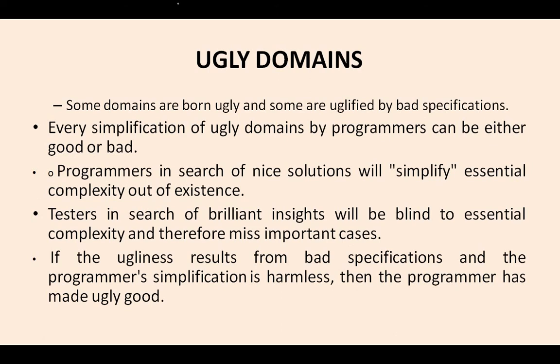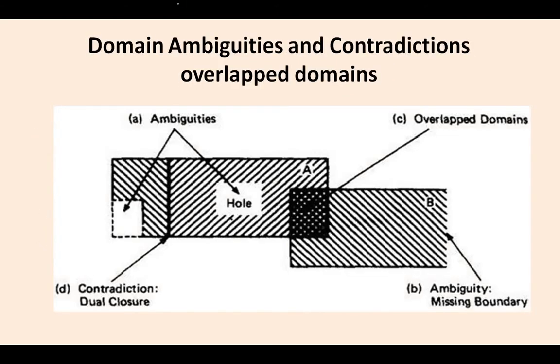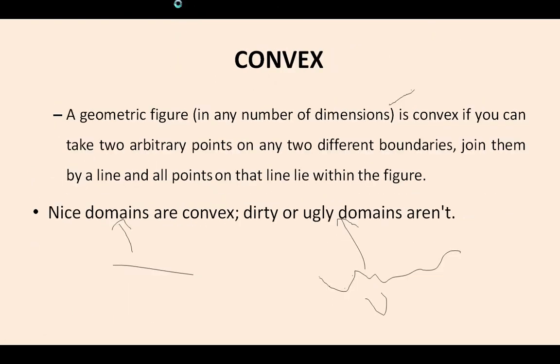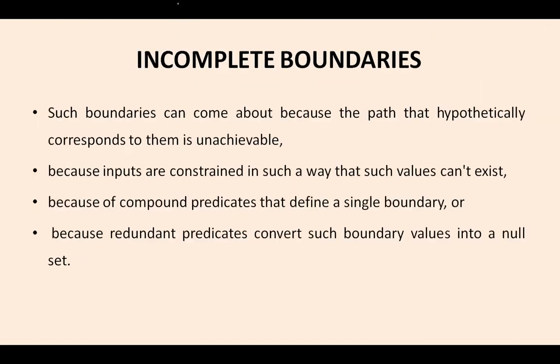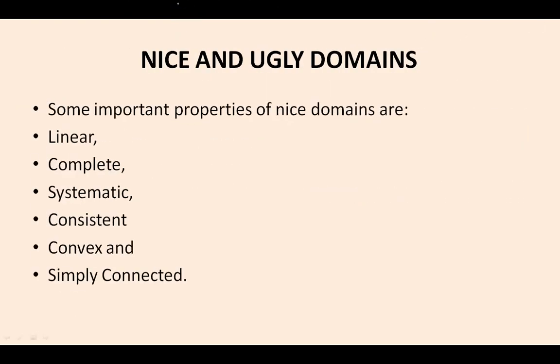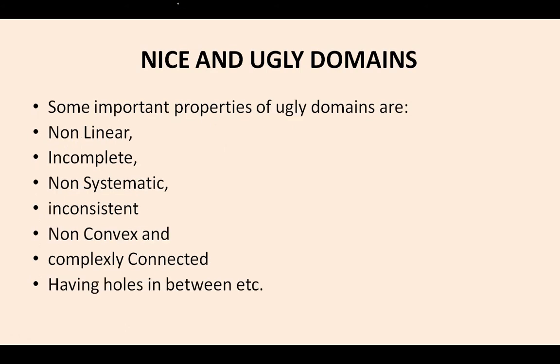Now these are the properties of the nice domains, and now we are going to see the ugly domains and what the important properties of the ugly domains are. In the previous video I already discussed the properties of the ugly domains.